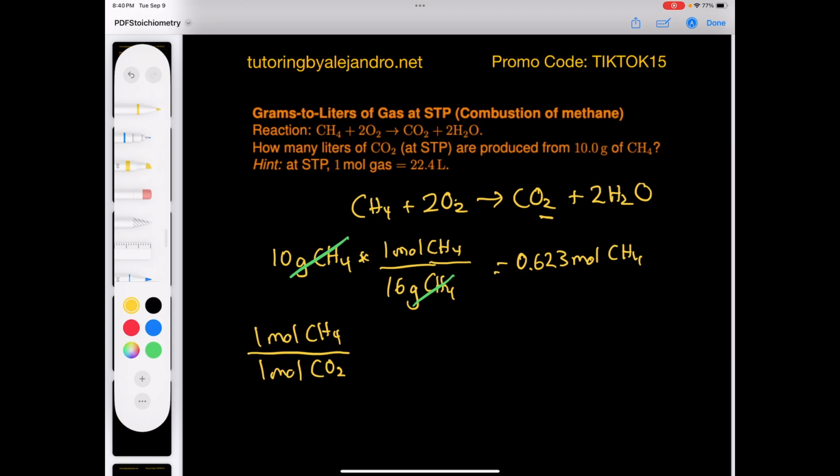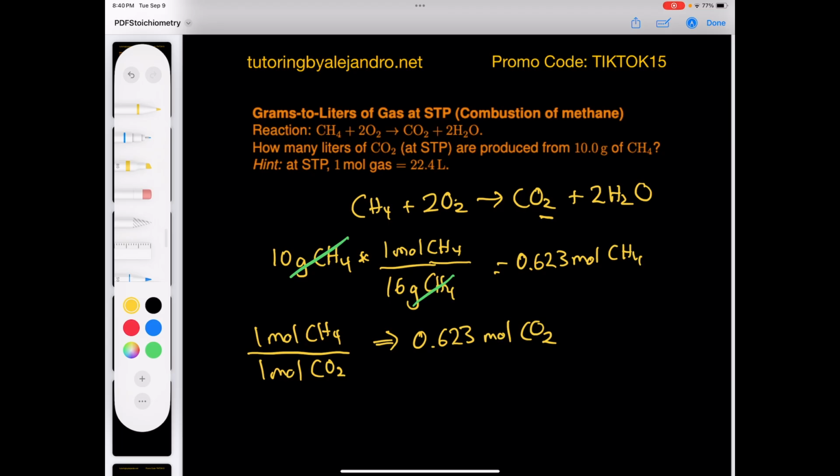Okay, so that means if we had 0.623 moles of methane, we're going to produce 0.623 moles of carbon dioxide. Okay, great. But again, they're asking for liters.